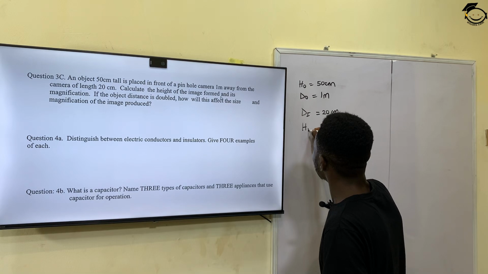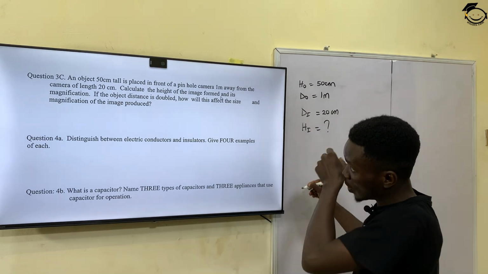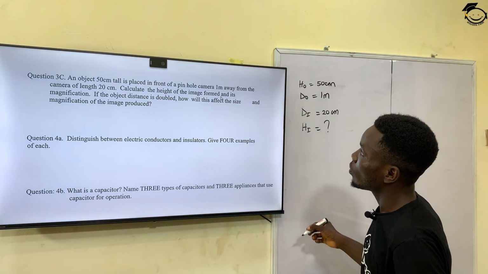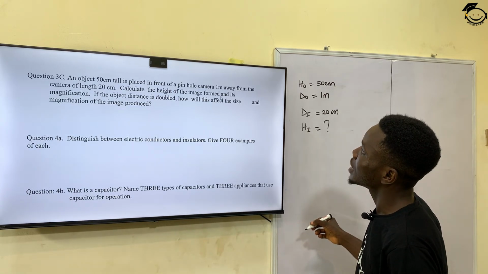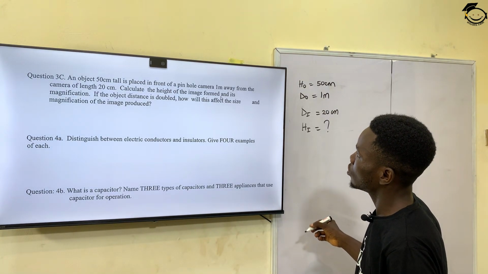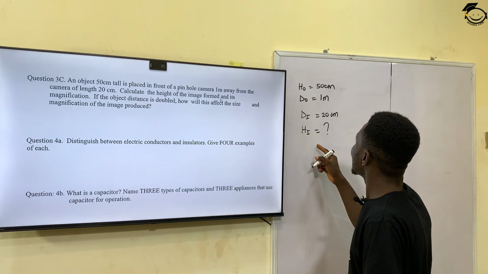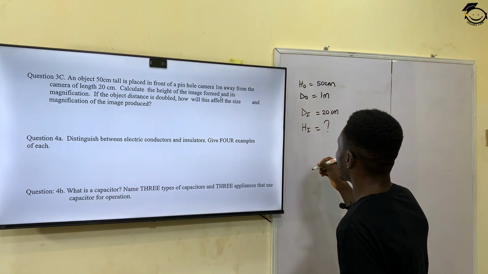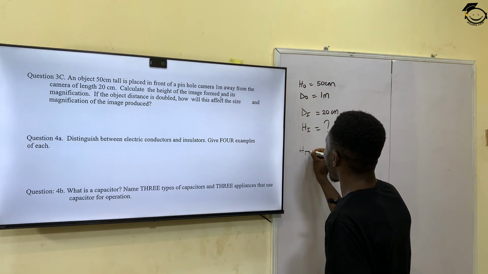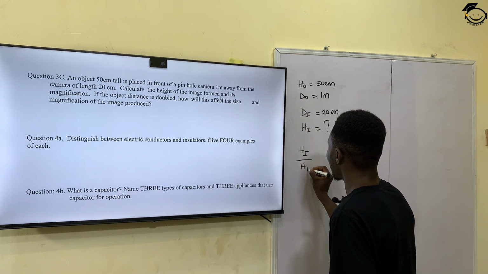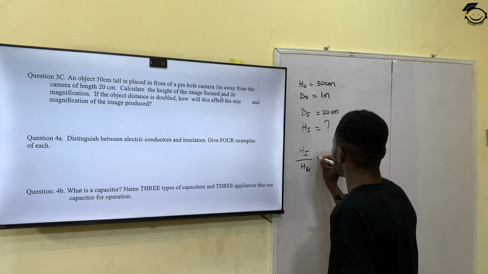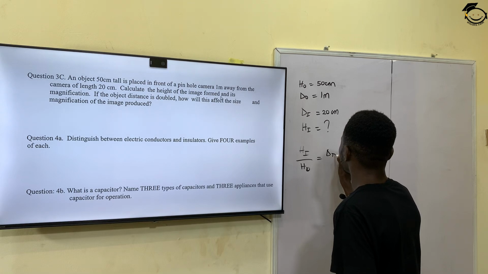So we're looking for the image height. We do not know it. Calculate the height of the image and its magnification. So the height of the image is the first thing we're supposed to look for. We know that image height over object height is equal to image distance over object distance.